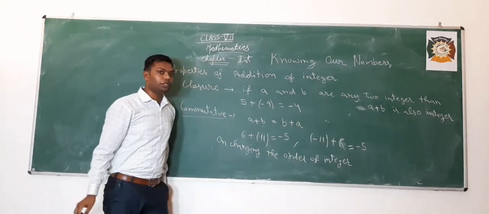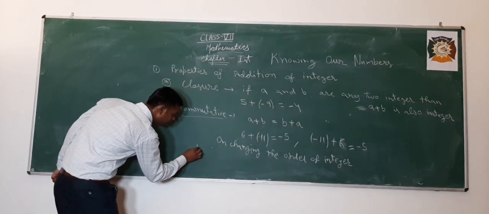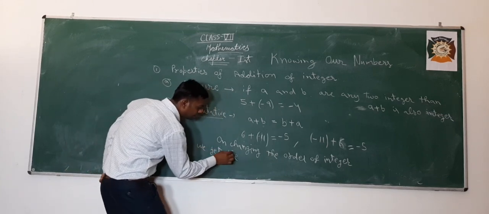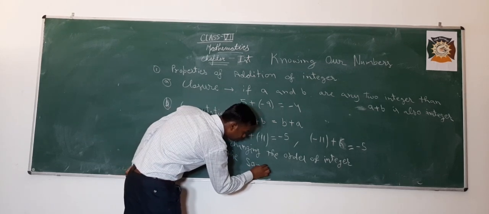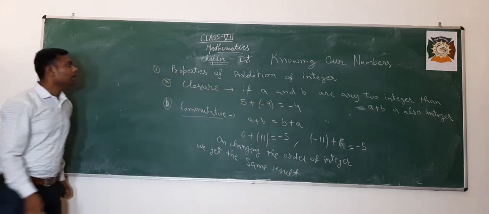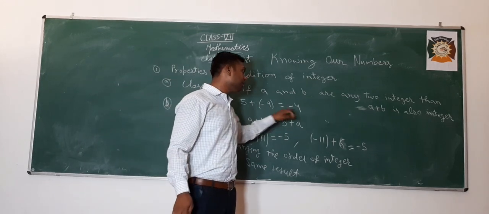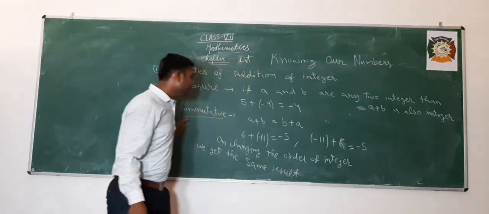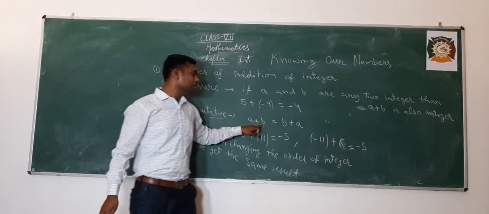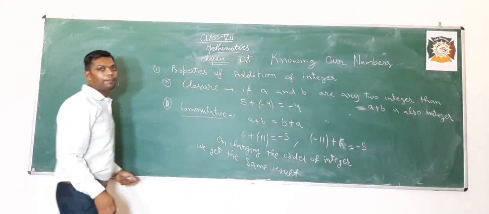On changing the order of the integers, we get the same result. I explain both the properties again. I repeat it. Closure, if you add two integers, then the resultant will be an integer. Commutative, if you change the order of integers, then the result will be the same. If a and b are any two integers, then a plus b is always equal to b plus a.